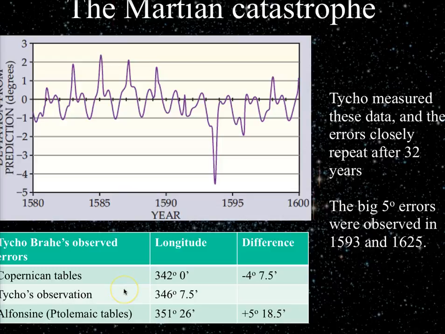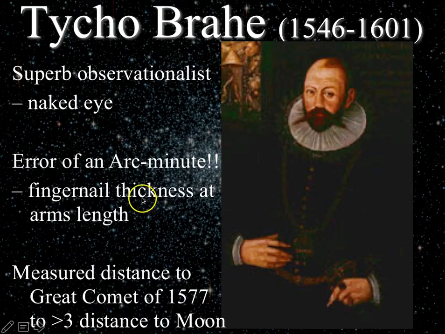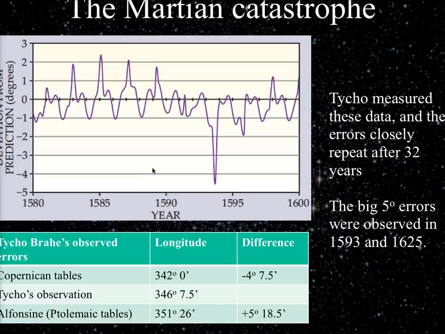Now, mind you, you can make errors on measurement, but look at how far off you are here. You're almost minus 5 degrees on one side and plus 5 degrees on the other. And if we look back, the errors that we're talking about, he's getting errors of an arc minute. That is a 60th of a degree.